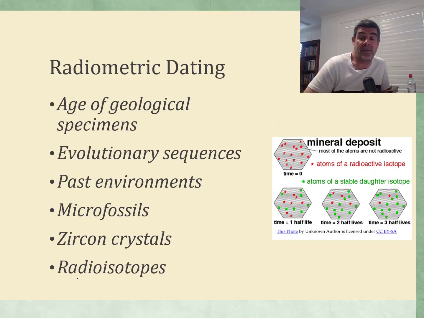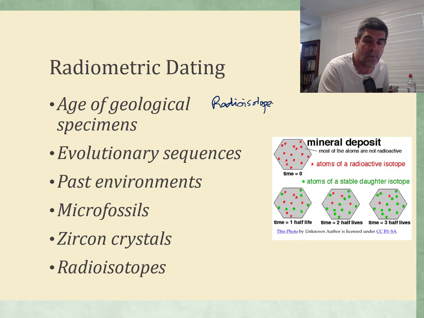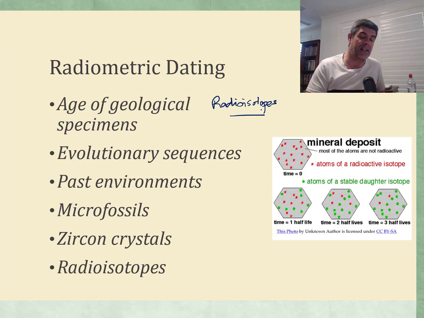So I guess the first and the most important thing for us to do is to talk about radioisotopes. We've talked about the fact that different elements can exist in more than one form, and those changes in form are based on mass differences, specifically the ratio of protons to neutrons in a nucleus.